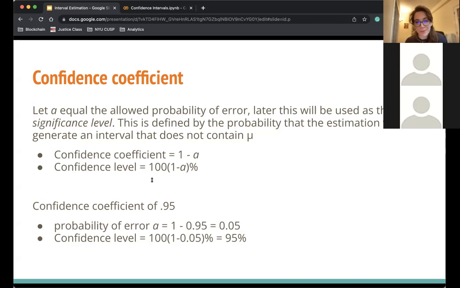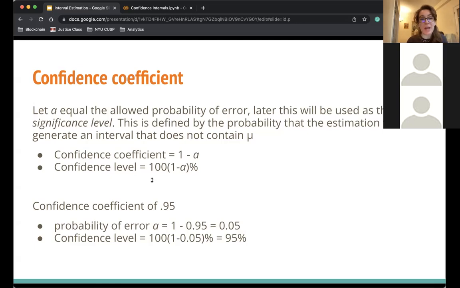So to walk through it, let's say our confidence coefficient is 0.95. So we might see alpha equals 0.95. We can now say the probability of error, where alpha actually should really, in this case, be, sorry, I think I mixed up my phrases a bit. So let me walk that back and clarify.